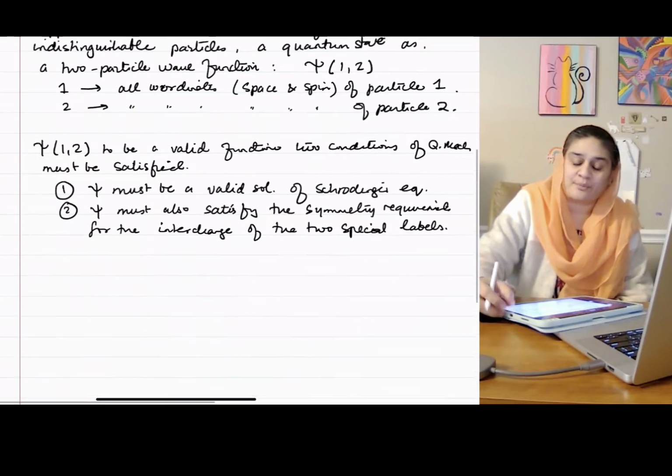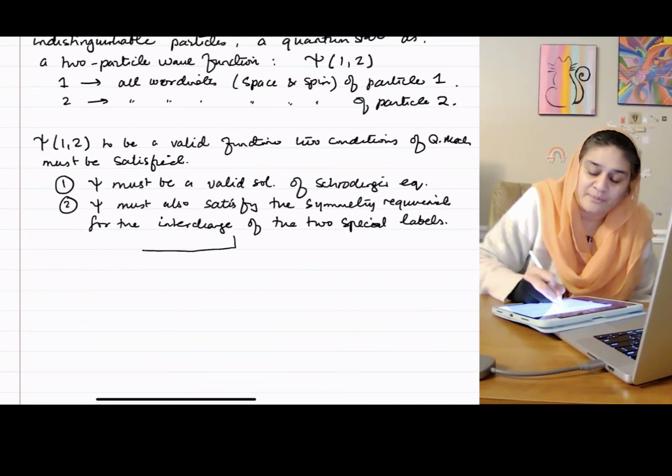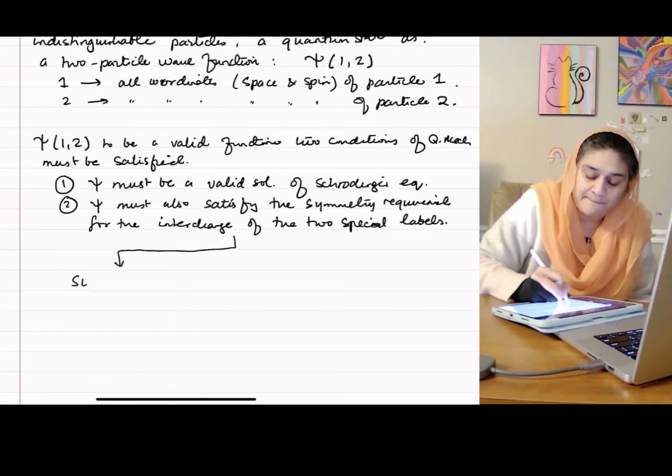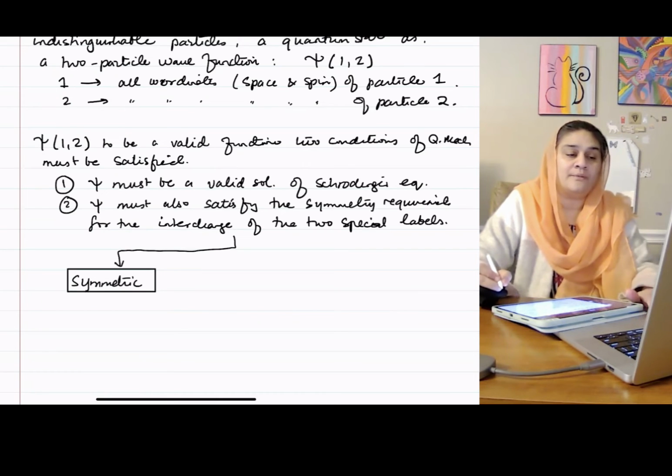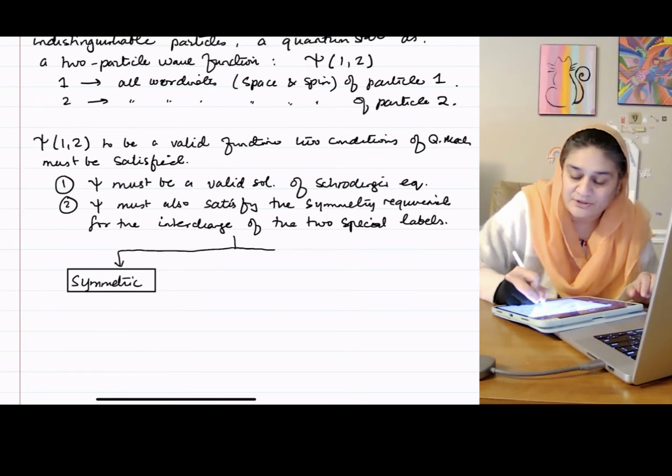So, for example, they can either be symmetric or they can be antisymmetric.